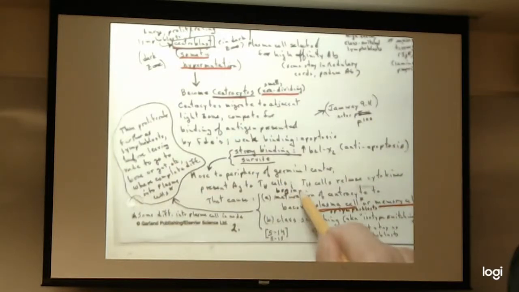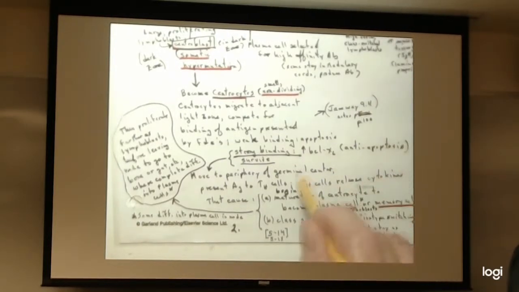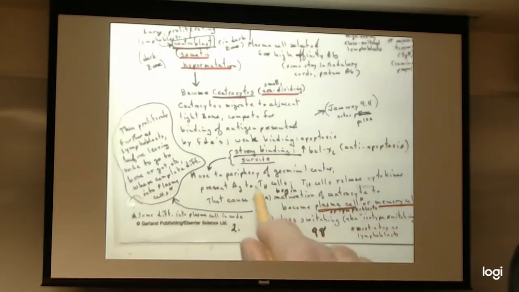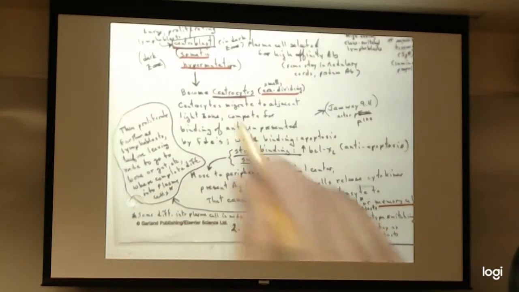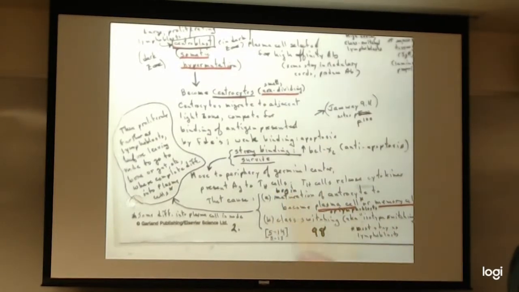And these T helper cells have been informed by the macrophages and antigen presenting dendritic cells as to what the pathogen is, and they've been instructed what kind of cytokines to then give the centrocyte B cells. And so therefore they'll do the proper class switching.